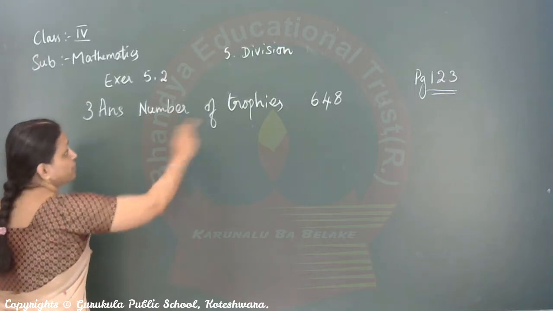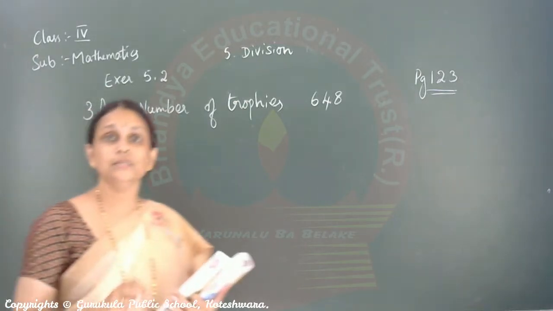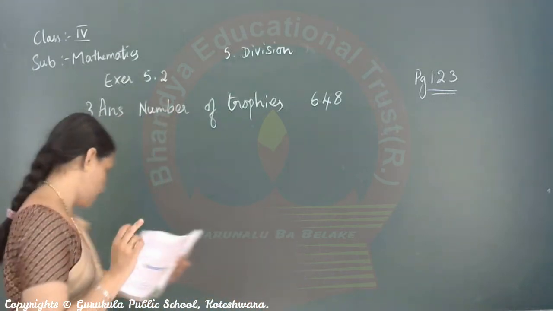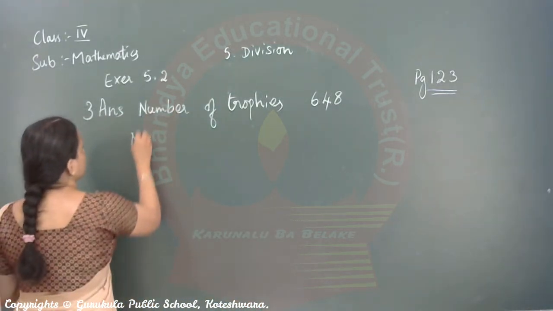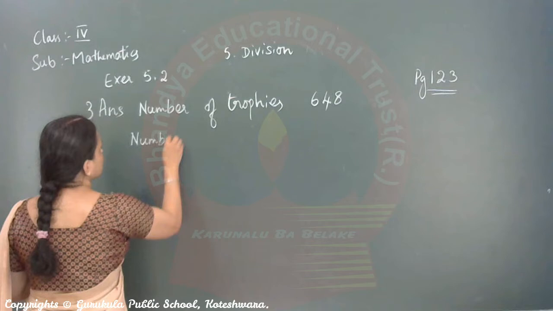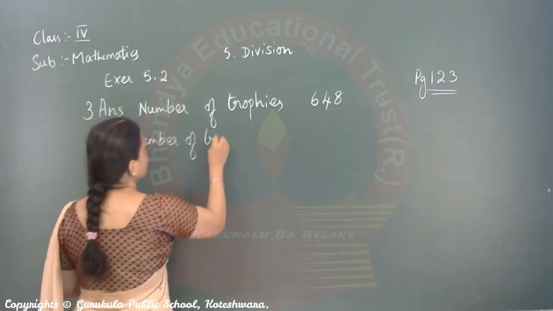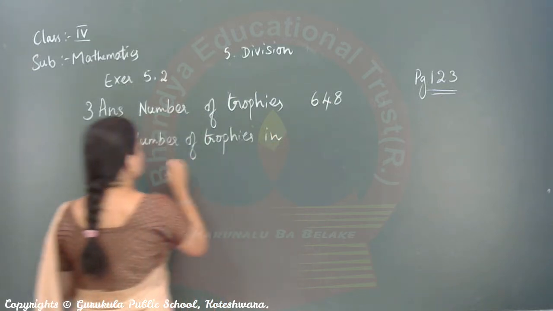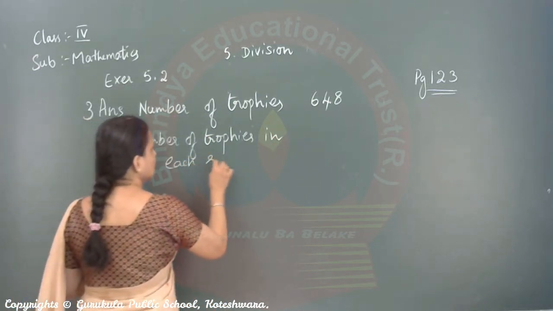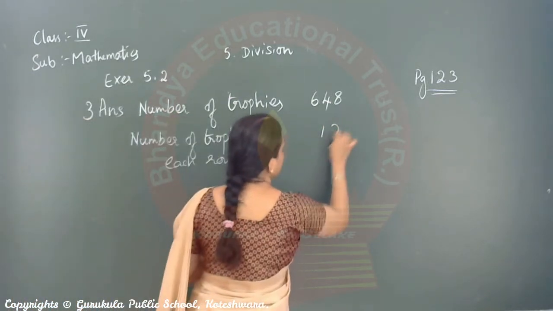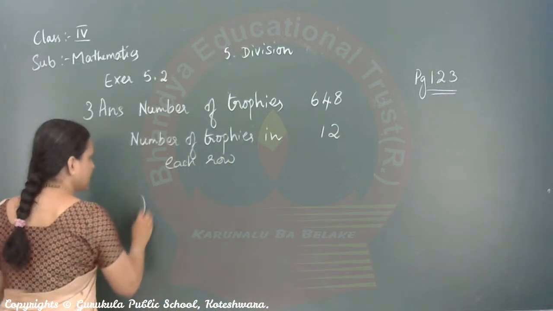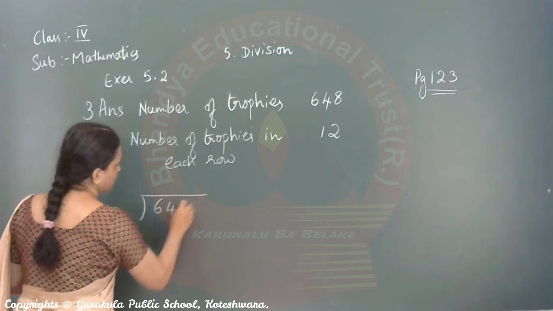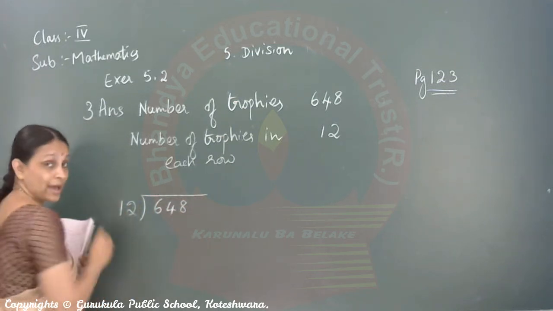So number of trophies, 648. Note down the number properly, children. Then number of trophies in each row. How many trophies? 12. Then we have to find the number of rows. So you have to divide 648 divided by 12.